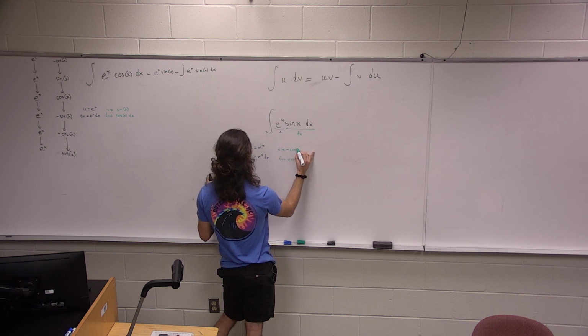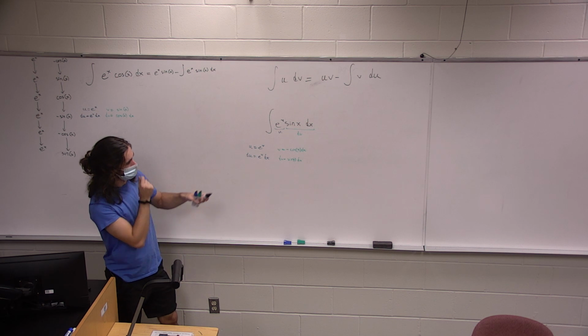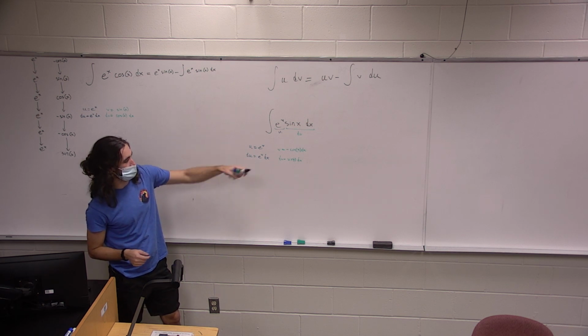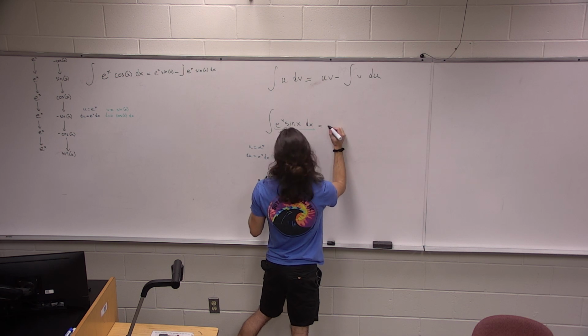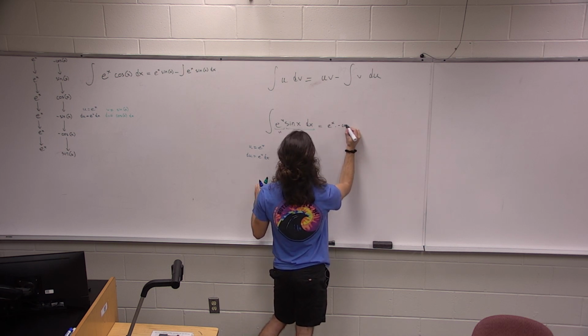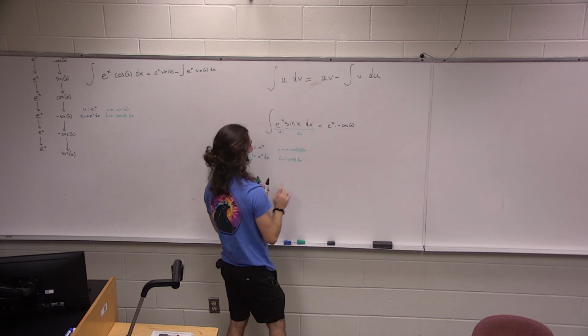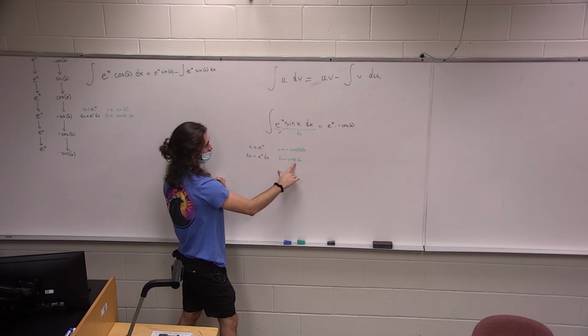You've got to be very careful with the signs in this problem, the positives and negatives. So we can say this is equal to u times v, e to the x times negative cosine x. Sorry, that's my mistake there. Differentials always go together, right? du should be blah blah blah dx, dv should be blah blah blah dx.